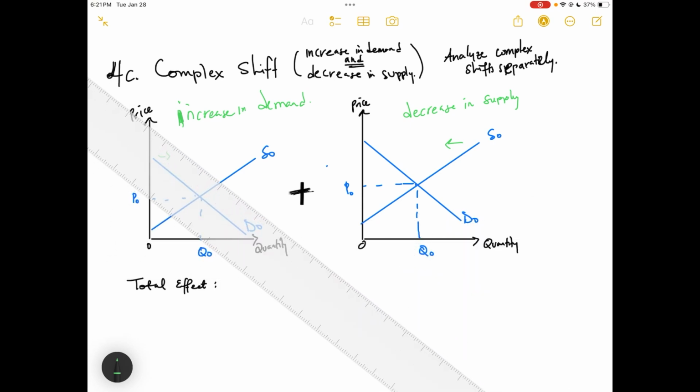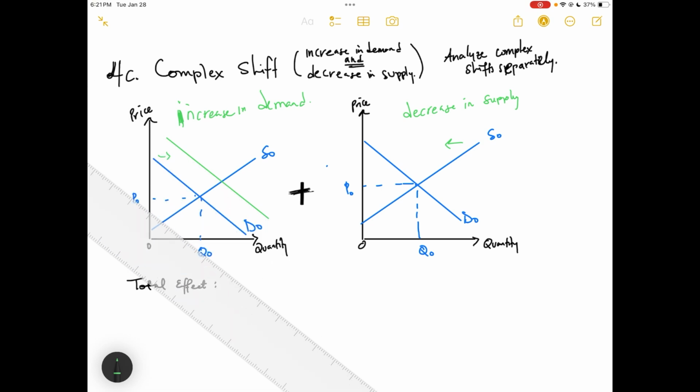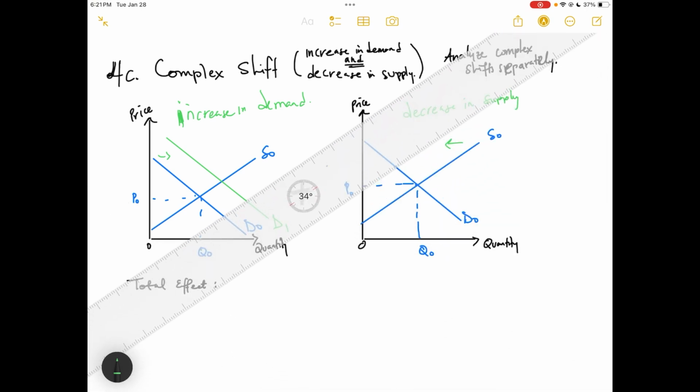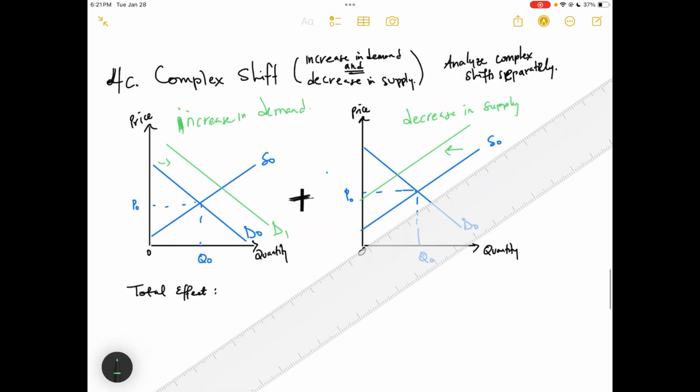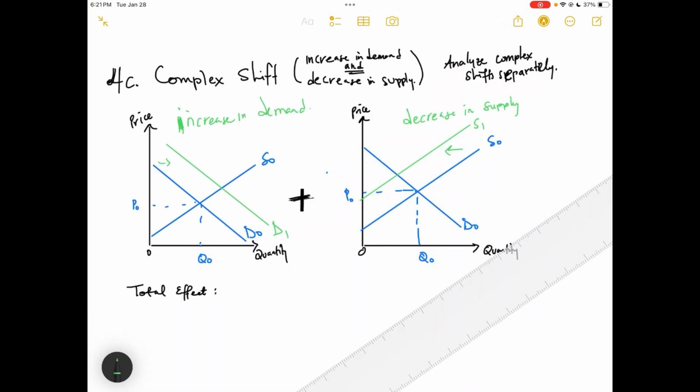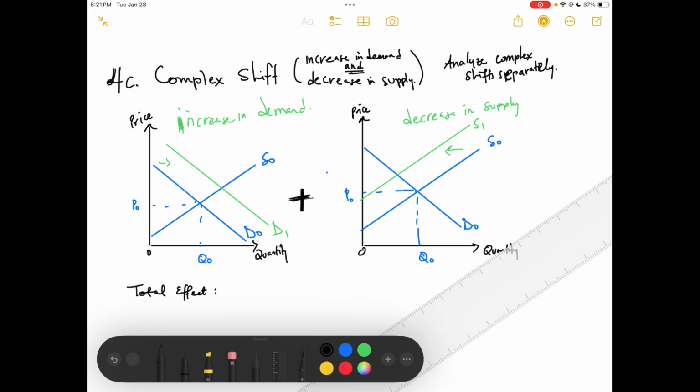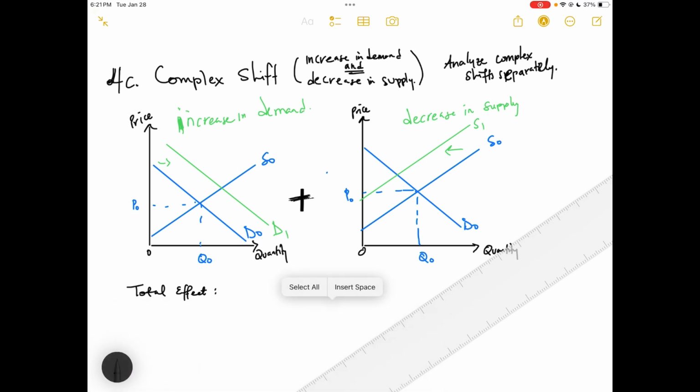All right. Let's draw that. Increase in demand. So we have D1 here and decrease in supply. Let's draw that out and then we can analyze it. S1 here, change color and analyze that.